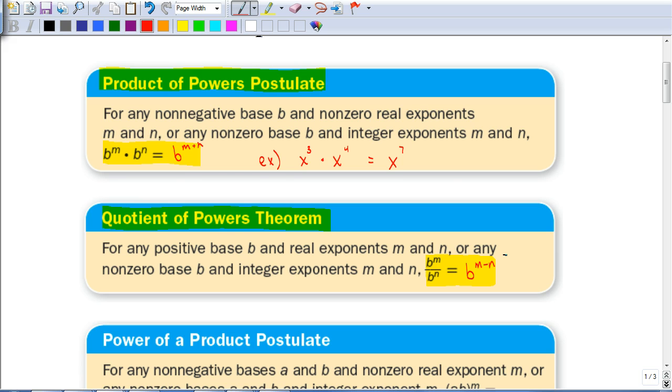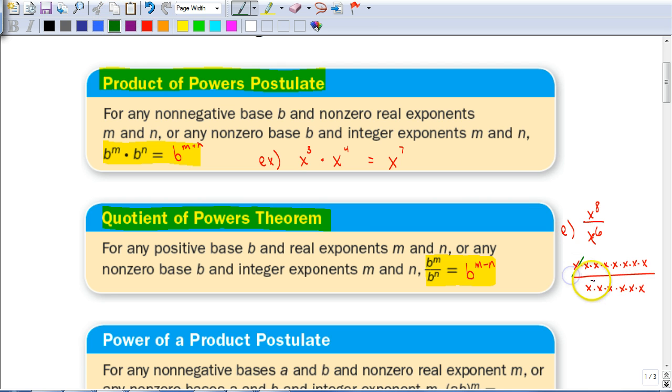Why, you might ask? Well, let's look at an example. Let's say I have x to the 8th power divided by x to the 6th power. What that means is I would have 8 x's on top, 1, 2, 3, 4, 5, 6, 7, 8, and I would have 6 x's on the bottom, 1, 2, 3, 4, 5, 6.